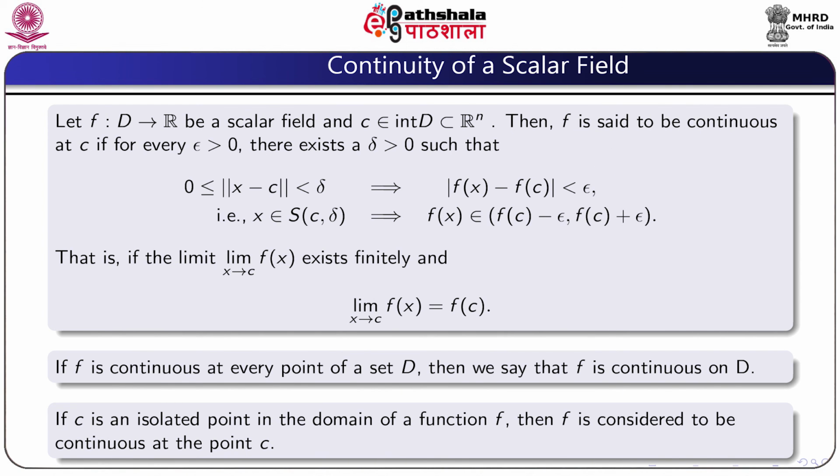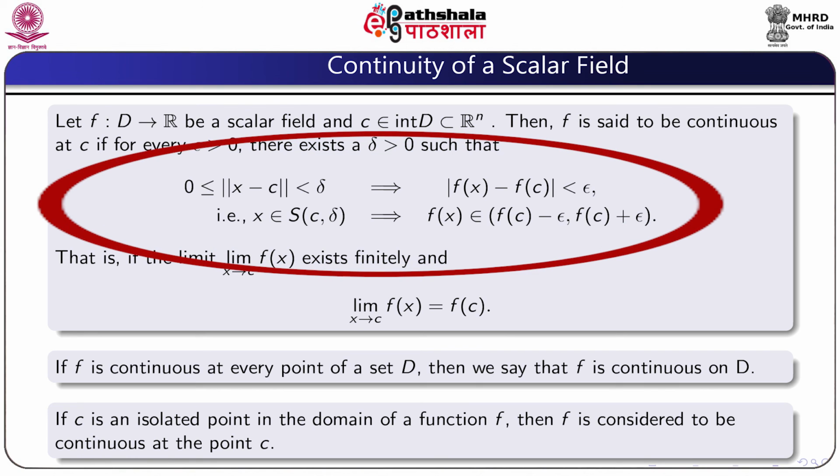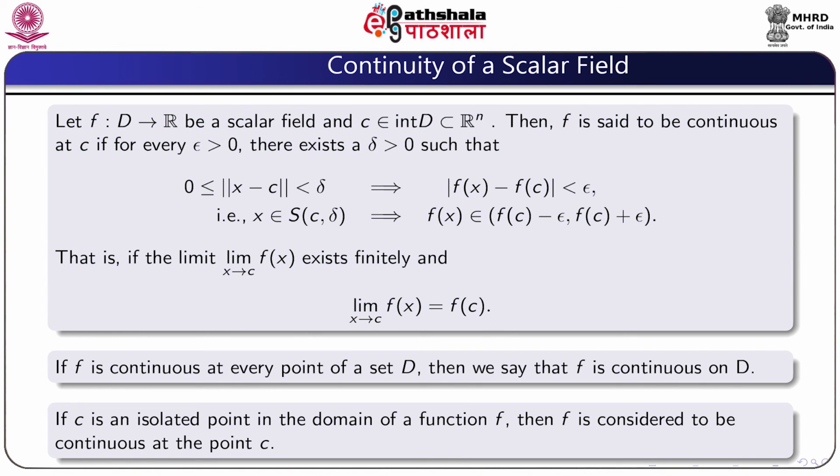Now we start continuity of a scalar field. Let f from D to R be a scalar field, where D is a subset of R^n and c is an interior point of the set D. Then we say f is continuous at the point c if for every epsilon greater than 0, we can find a delta positive such that whenever the distance between the vectors x and c is less than delta, we have modulus of f(x) minus f(c) less than epsilon.